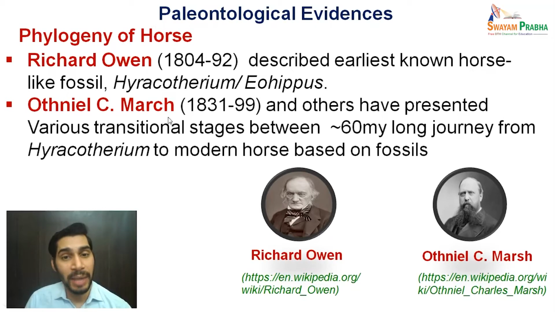Othniel C. Marsh and others have presented the various transitional stages in the 60 million year long journey from Hyracotherium, the first fossil of the horse, to the modern horse, that is Equus, based on the fossils. So we have found various fossils which represent the transitional stages between the various forms of the horse, and thus they represent strong evidence of evolution.